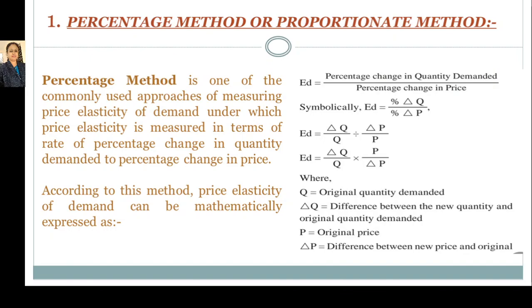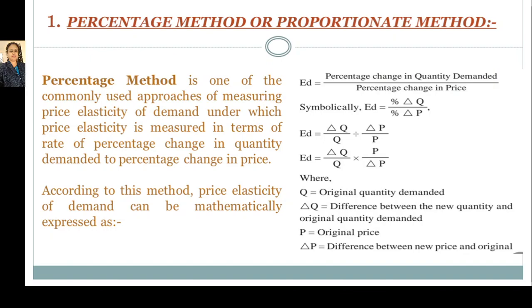So this ED becomes delta Q divided by Q into P divided by delta P, where Q is the original quantity demanded, delta Q is the difference between the new quantity and original quantity demanded, P is the original price, and delta P is the difference between new price and the original price.